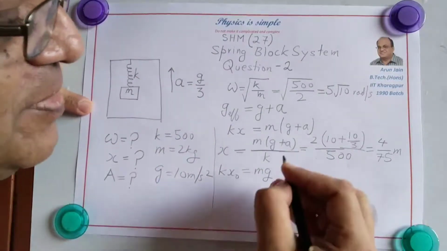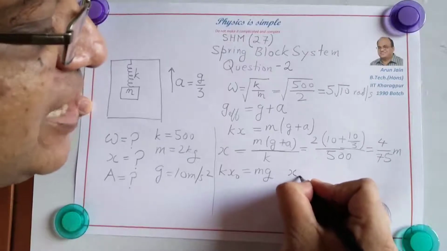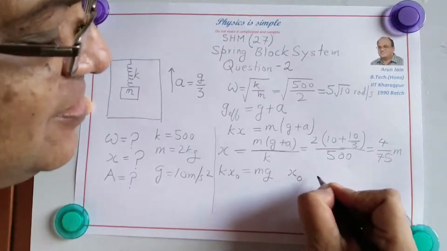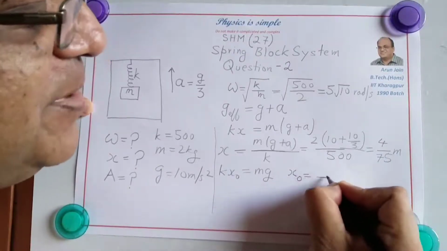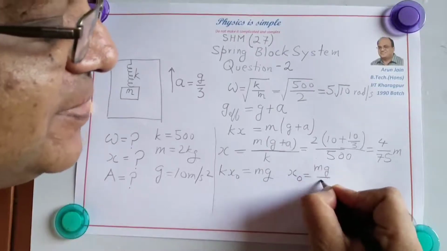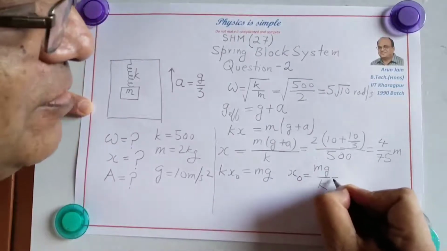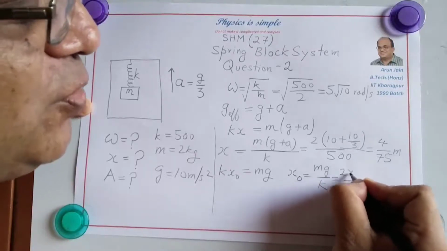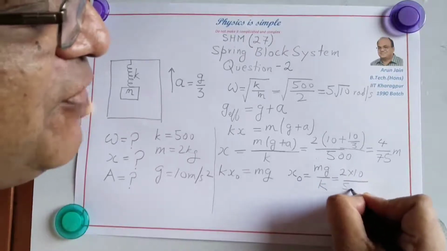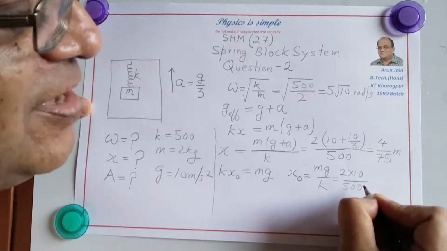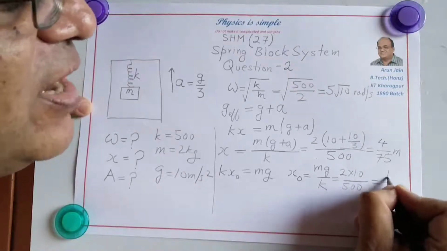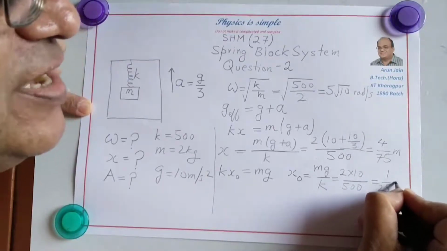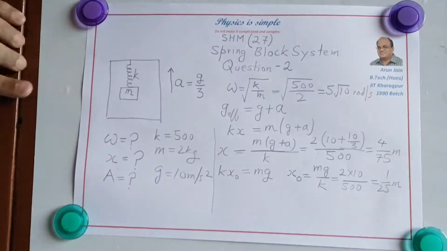So x naught will be mg by k, which is 2 into 10 by 500, that is equal to 1 by 25 meter, which is 3 by 75 meter.